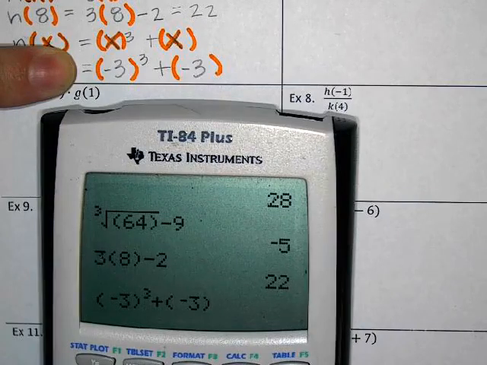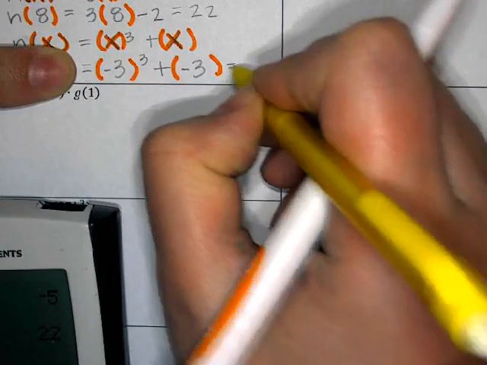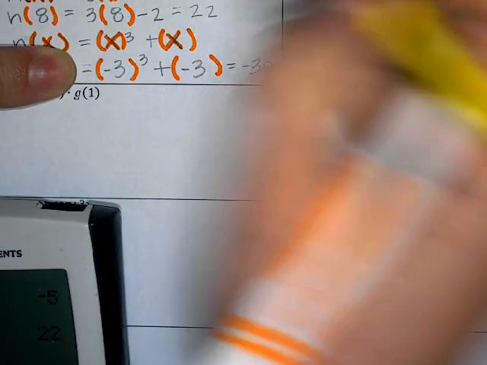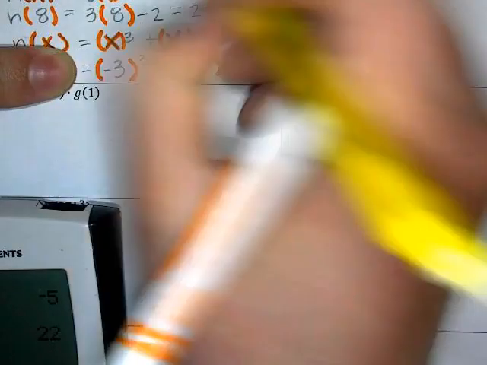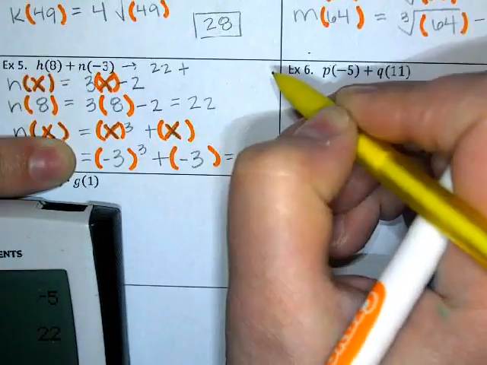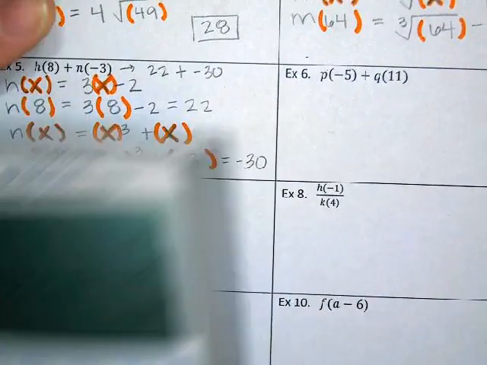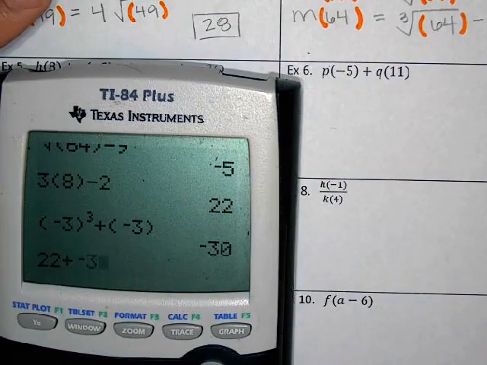And I get negative 30. So the problem that I'm doing is 22 plus negative 30. So 22 plus negative 30 is negative 8.